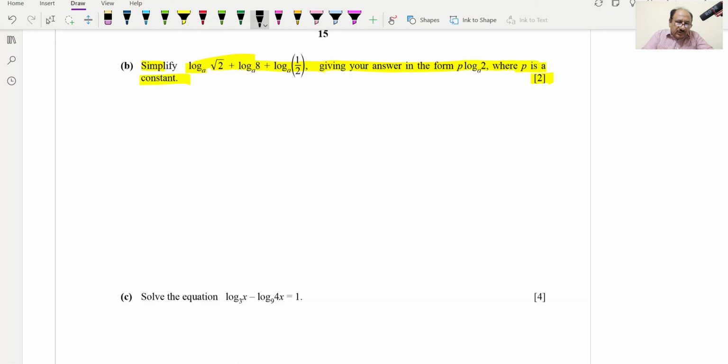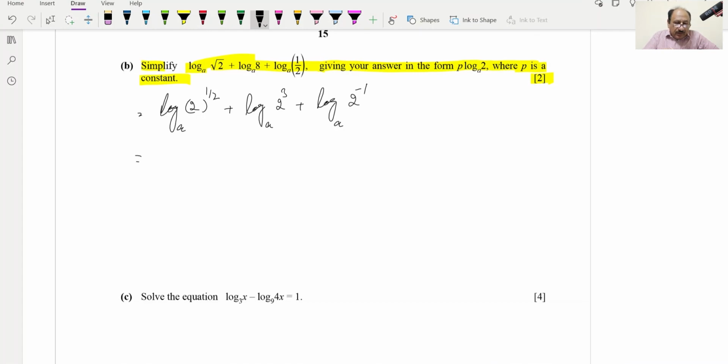What we can do, we can rewrite this expression as log with base a of 2 raised to the power 1 by 2, plus log base a of 8, which we can write as 2 raised to the power 3, plus log with base a of, and we can write this as 2 raised to the power -1.